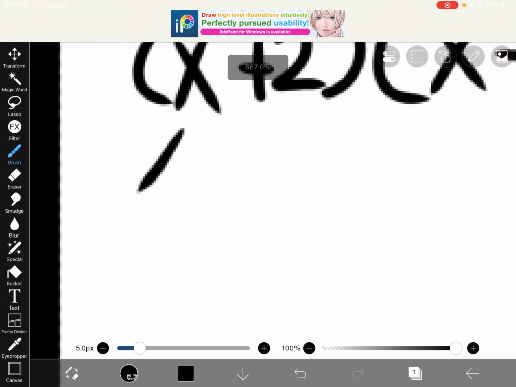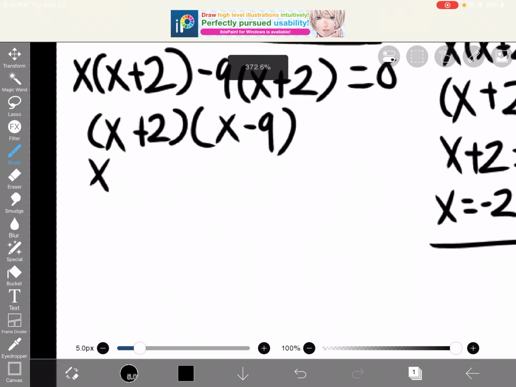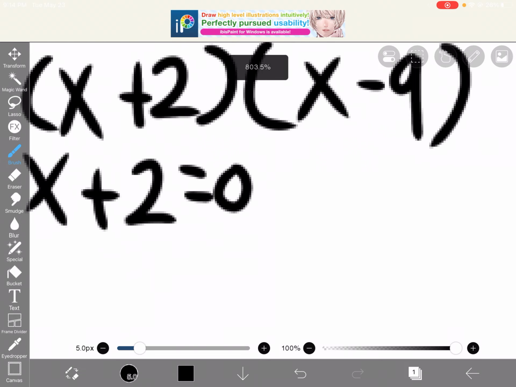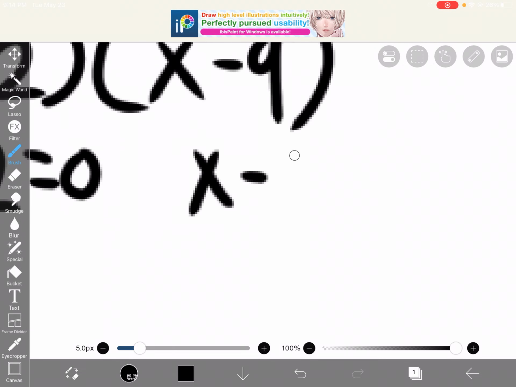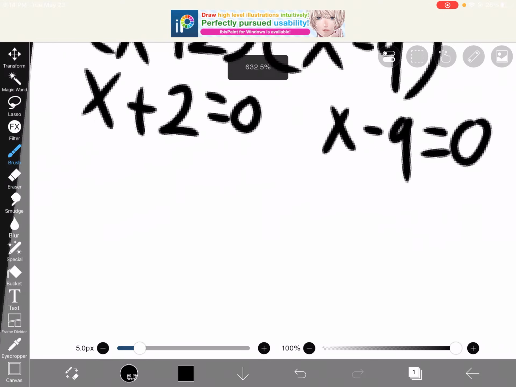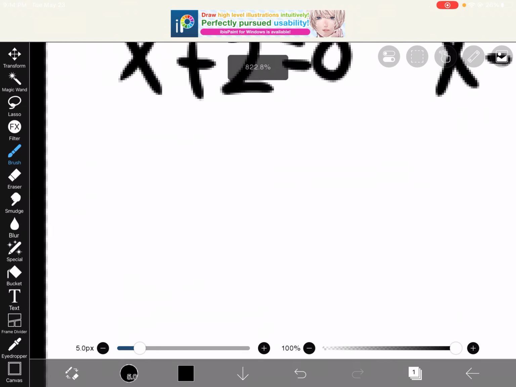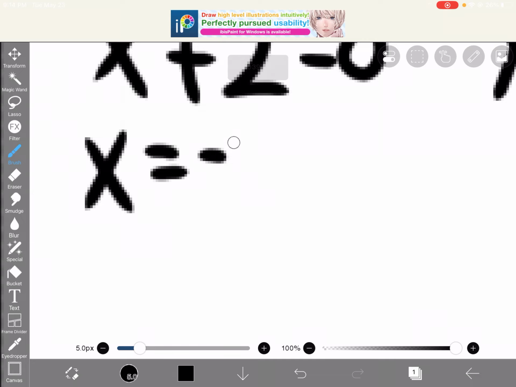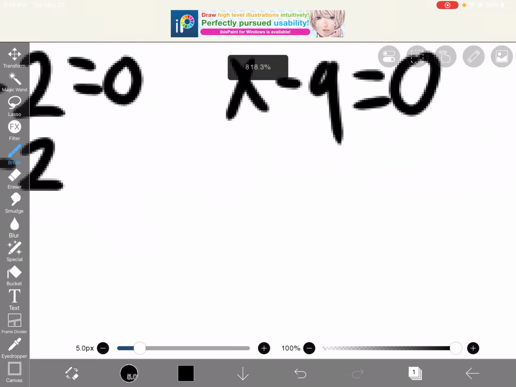So we do the same thing, x plus 2 equals 0, and x minus 9 equals 0. And we have our answers. It's x equals negative 2, and then x equals 9.